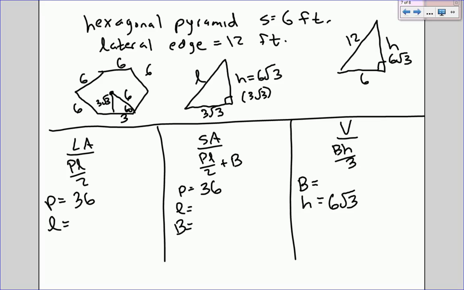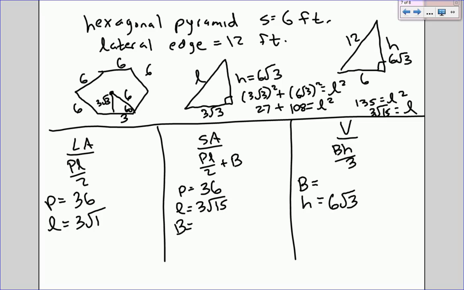So 3 root 3 squared plus 6 root 3 squared equals L squared. 3 squared is 9, times 3 is 27. 6 squared is 36, times 3 is 108. Add those up, you get 135 equals L squared. And when you square root that, 9 goes into that 15 times. So it's going to be 3 root 15 is the slant height.